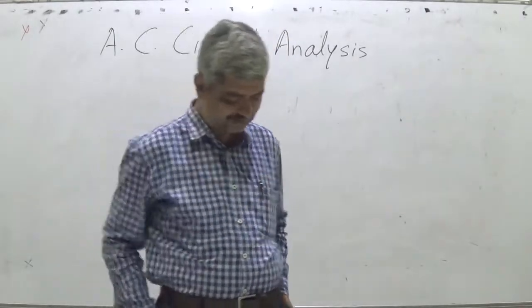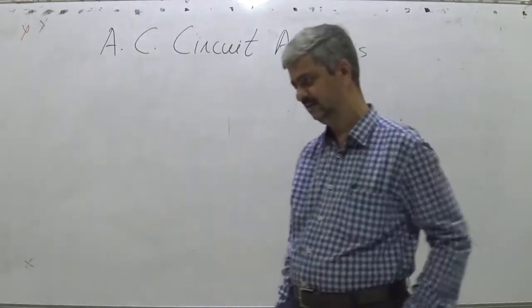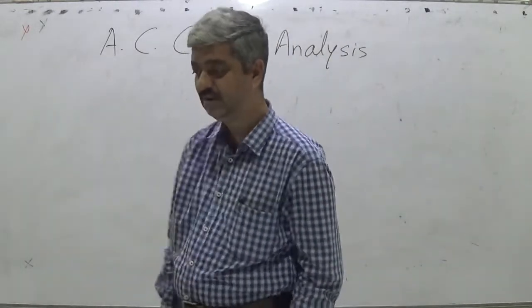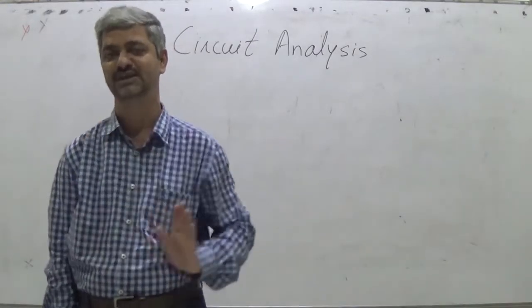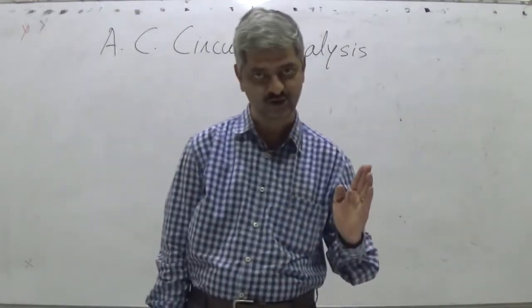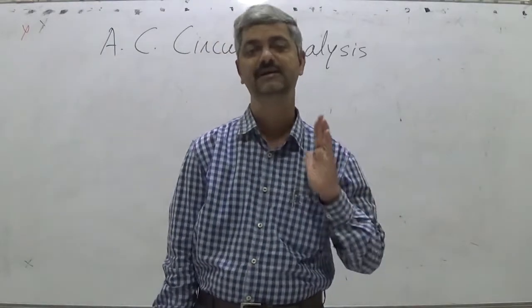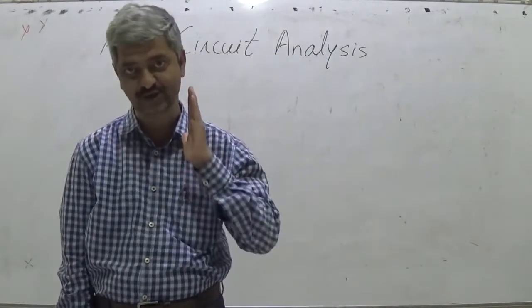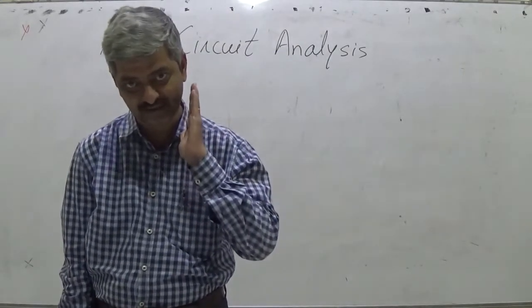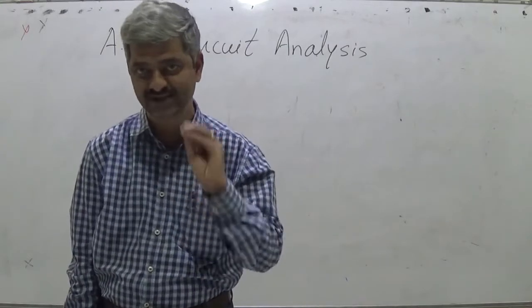I think in this subject we will now move at a rapid rate, because I have deliberately not touched upon the concept of current source initially. I have deliberately kept the concept of Laplace transform and complex numbers aside, and I had not even introduced the imaginary concept, the square root of minus one.